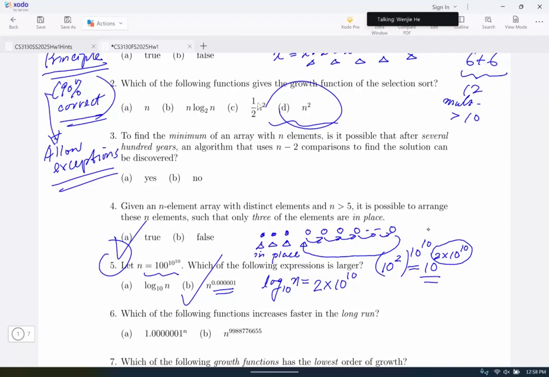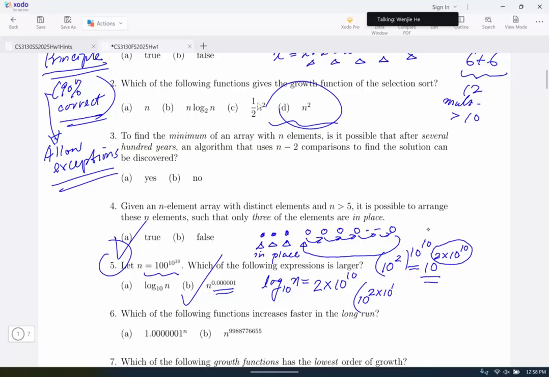Second number, 100, we write 10 to the 2 times 10 to the 10th. Then multiply another exponent number. With exponent numbers, several levels, we do multiplication, right? So the second case, let me just skip one step. We do multiplications.